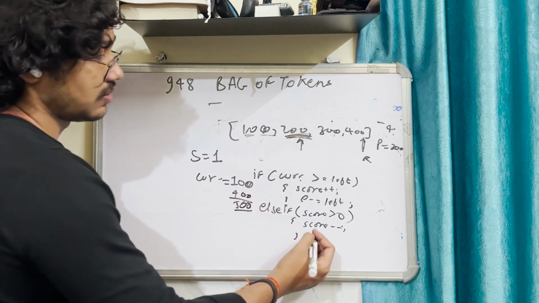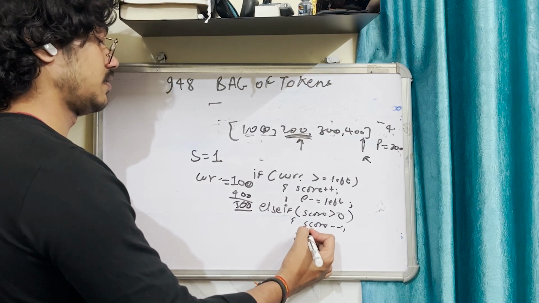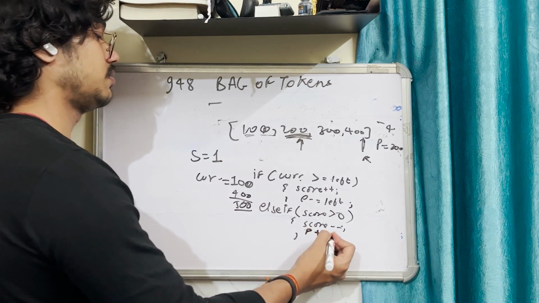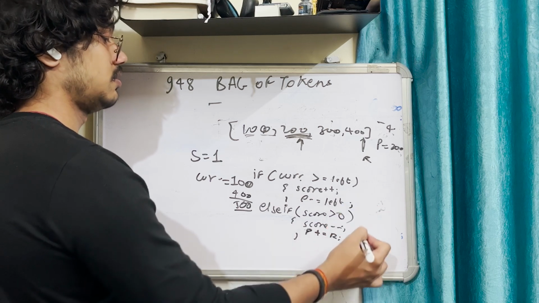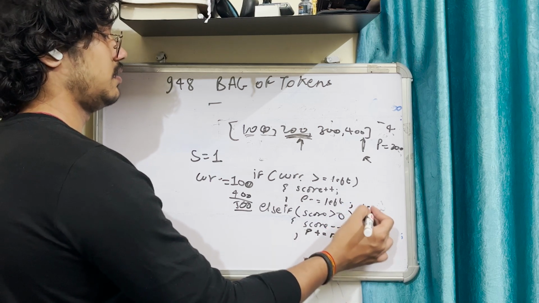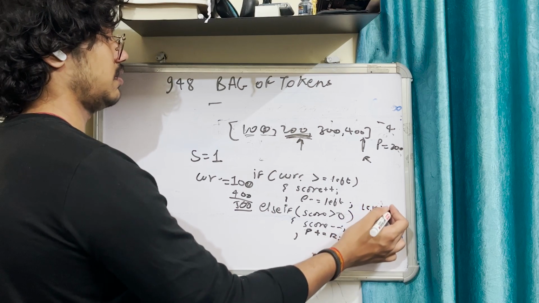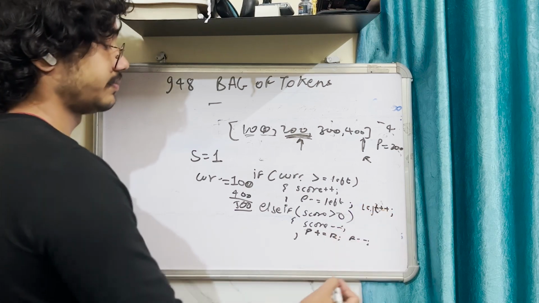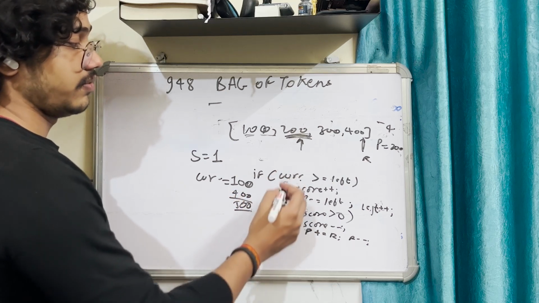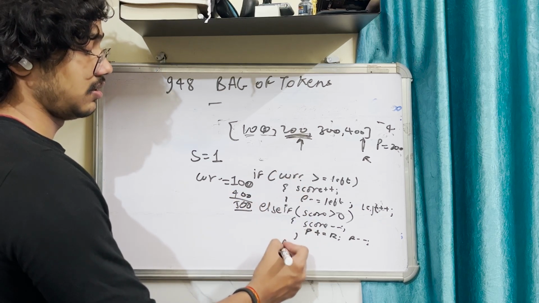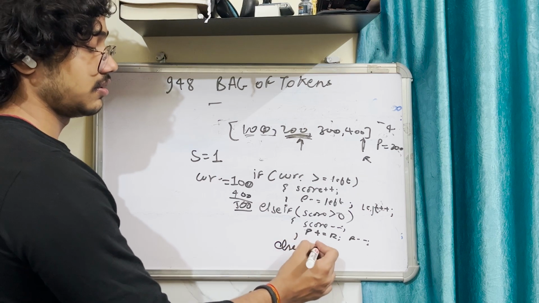So power plus equals right, and you will change your right also, r minus minus, and left plus plus. And there's one more case, if these two can't happen, you will do break.